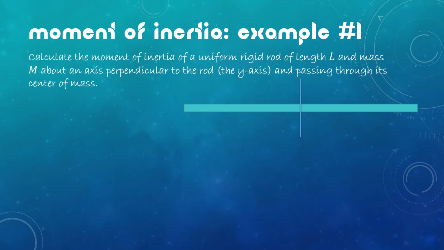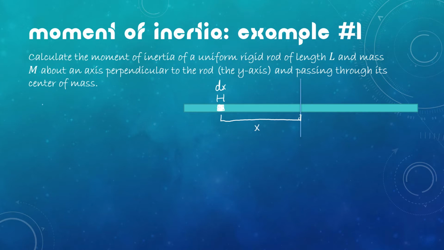In order to do this, we are going to start by choosing a small piece of mass, the little piece of mass dm. I'm going to say that that little piece of mass dm has a length of dx, and that the center of that little piece of mass is located a distance x from my axis of rotation.